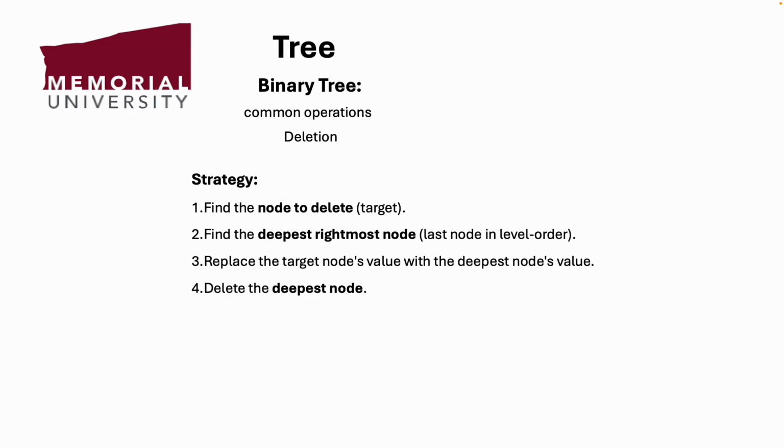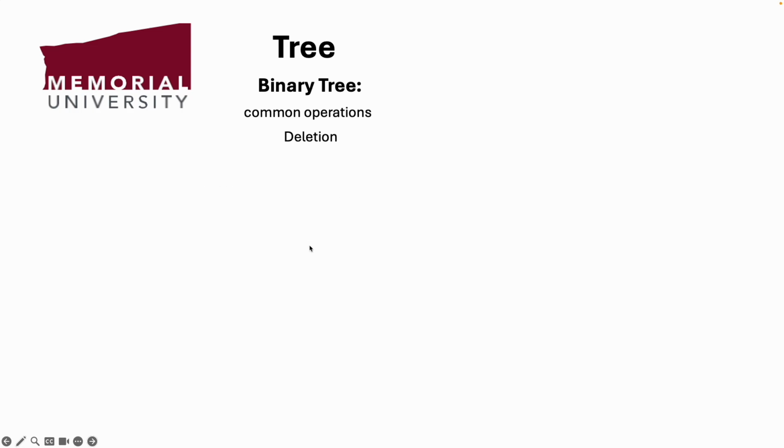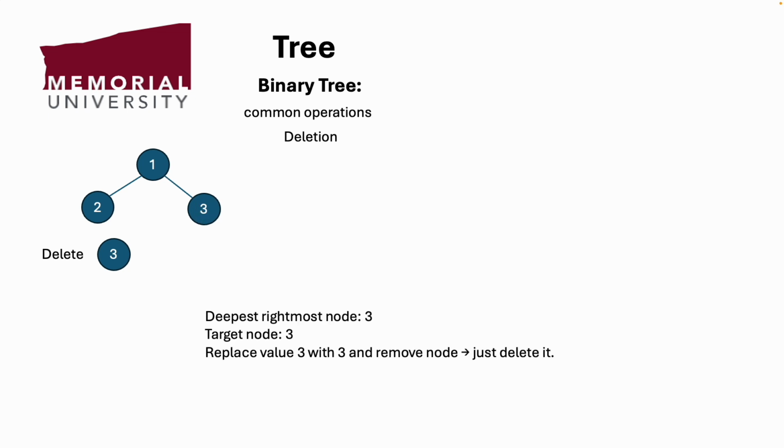Okay, let's see some examples of how to apply this strategy. It's probably a little bit hard to understand, but let's go through some examples. Okay, first, let's look at this binary tree. If we want to delete node 3, let's try to apply the strategy.